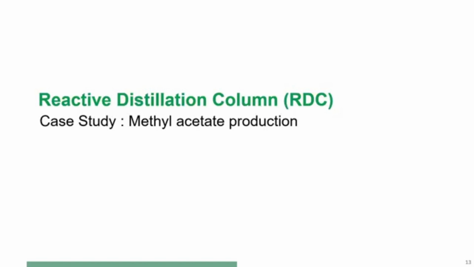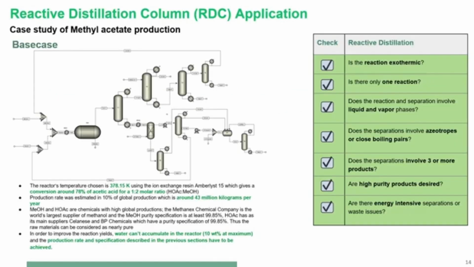Now, I will show you the case study of process intensification by applying the reactive distillation column for methyl acetate production. Here is the flowsheet of methyl acetate production, as shown on the left-hand side. The reference process consists of the reaction part and separation part.